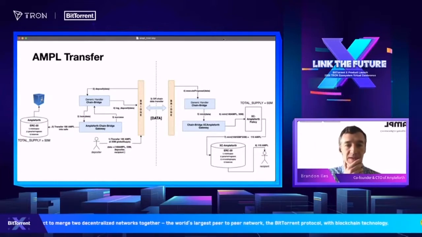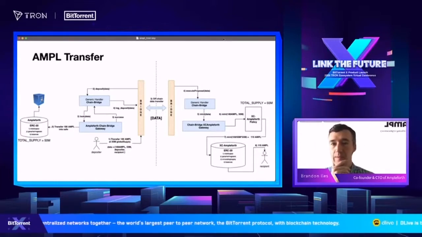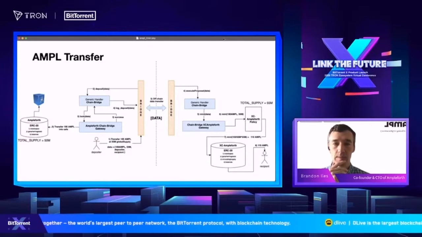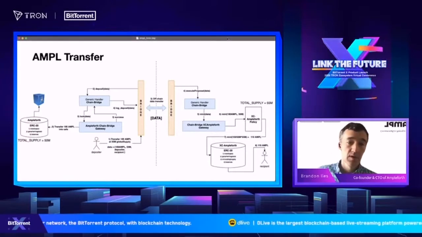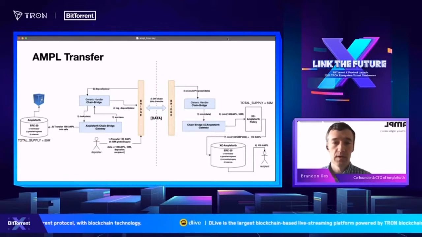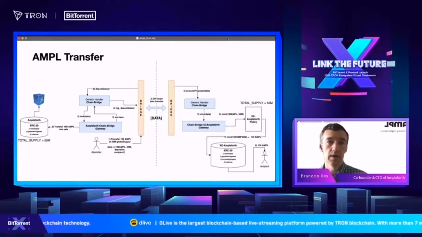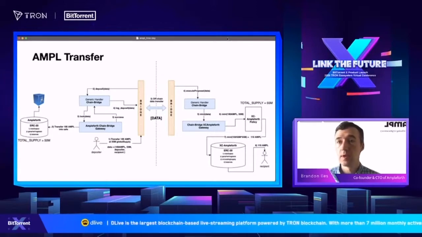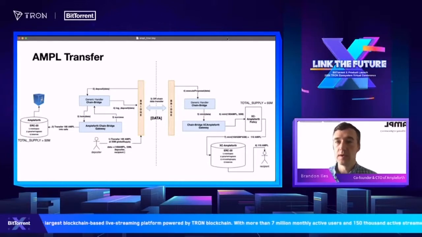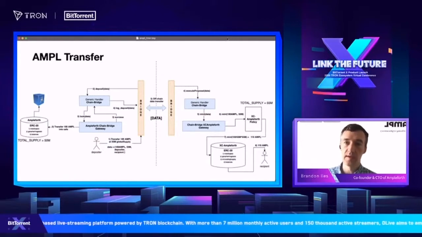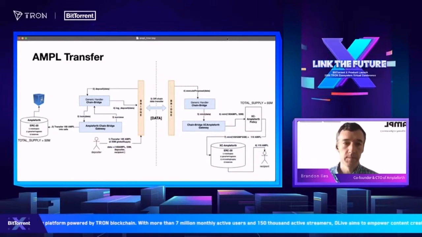So here you can see, one AMPL transferred from beginning to end. It starts with the depositor on the left side and ends on the right side. And then also it shows how it works in the case where the AMPL supply itself is changing, right? So you can imagine there's some interesting security details here that you do have to be aware of.